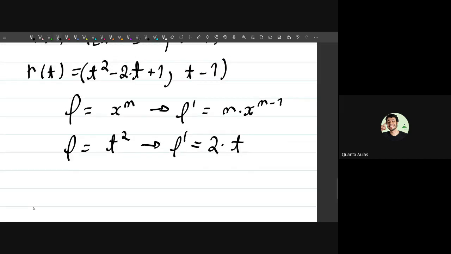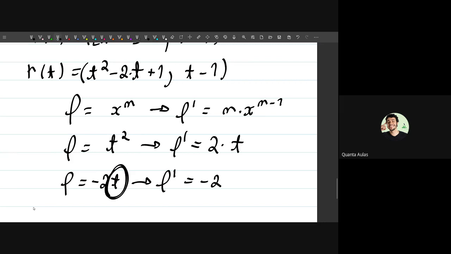We have another situation too. For example, here we have minus 2 times t. What is the derivative of minus 2 times t? Minus 2 stays here, in the same position.